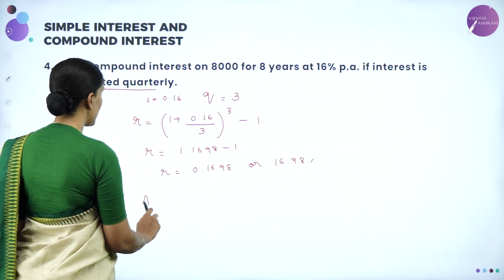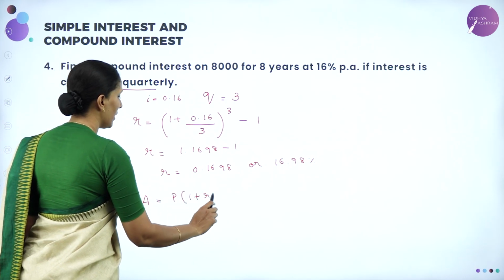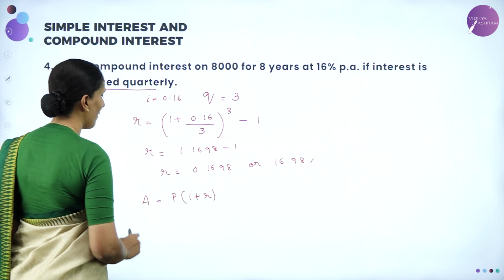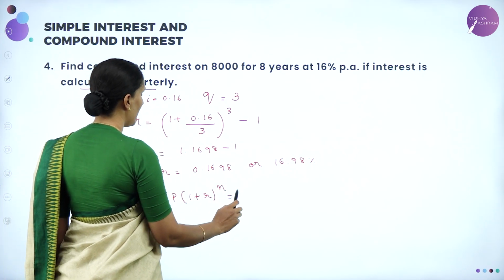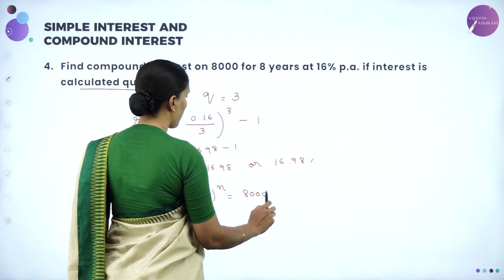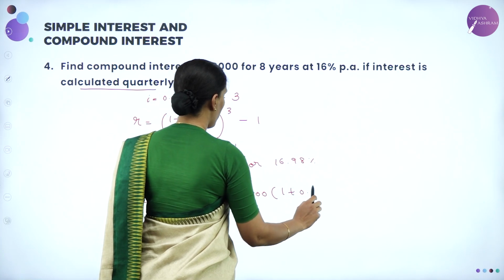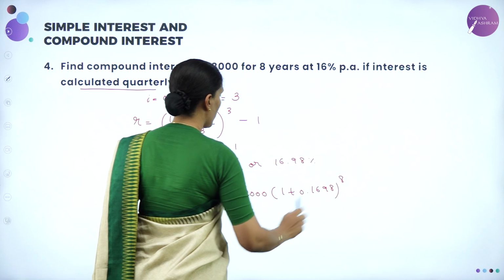Now we need to calculate the amount here as well as the compound interest. So first let us calculate the amount, which is P into 1 plus R. Here instead of I we are taking effective rate of interest whole to the power N. So the principal is here 8,000, 1 plus 0.1698 over 8 years.